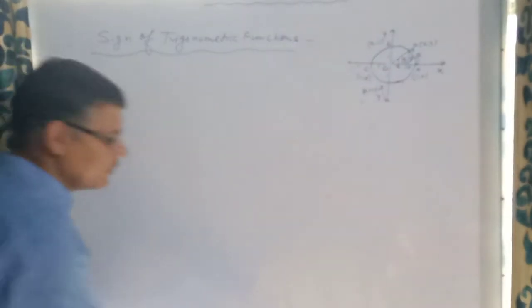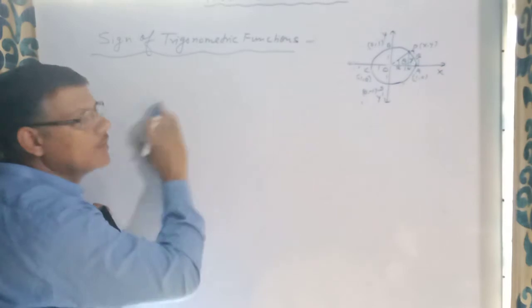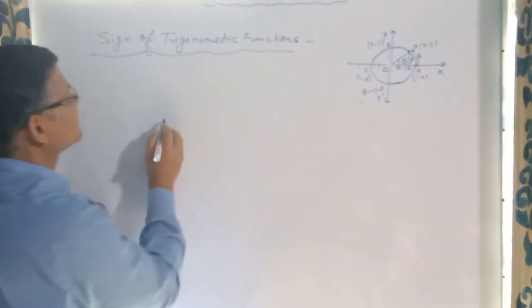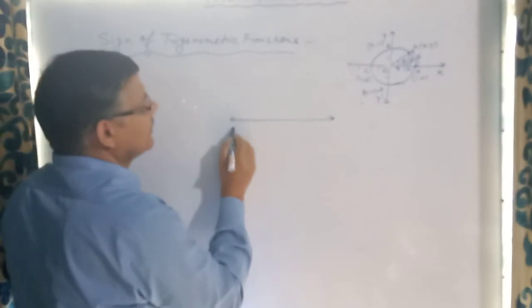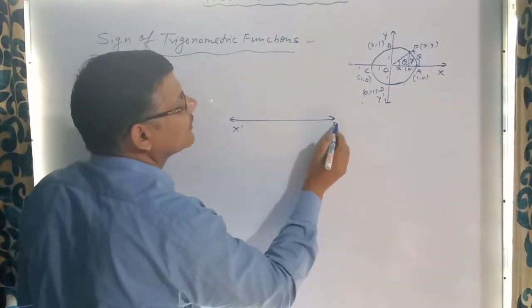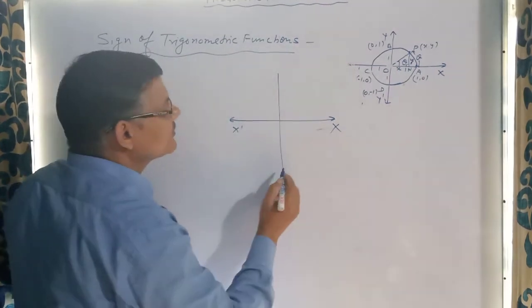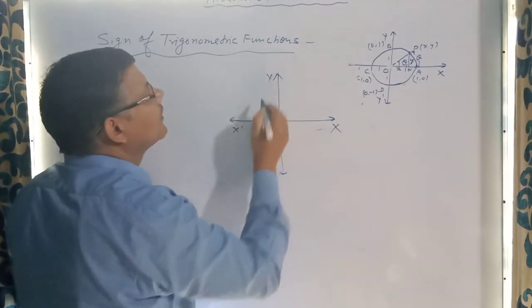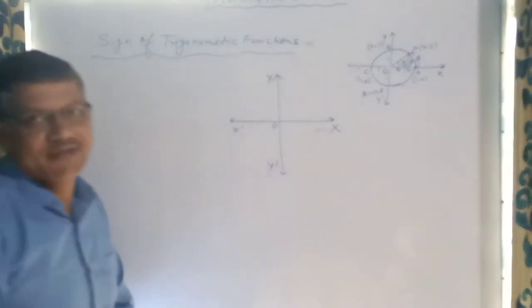Here the main use is of coordinate geometry. As you know, this is the plane, and when we draw two axes, this is called the horizontal line, x-axis, and one more line is called the vertical line. Let them intersect at point O, and that point is called the origin.